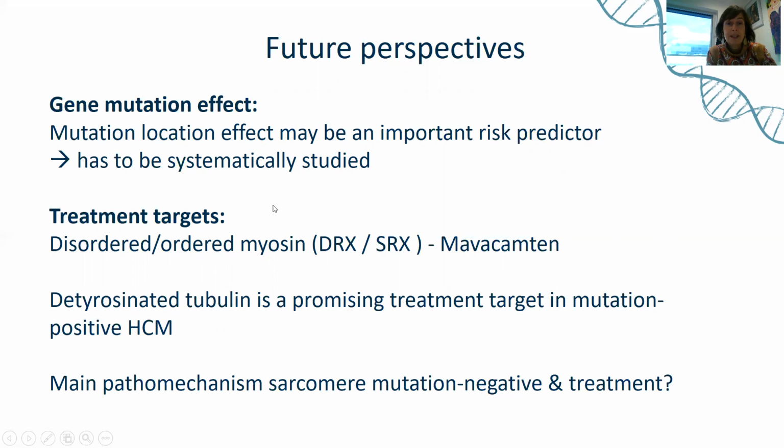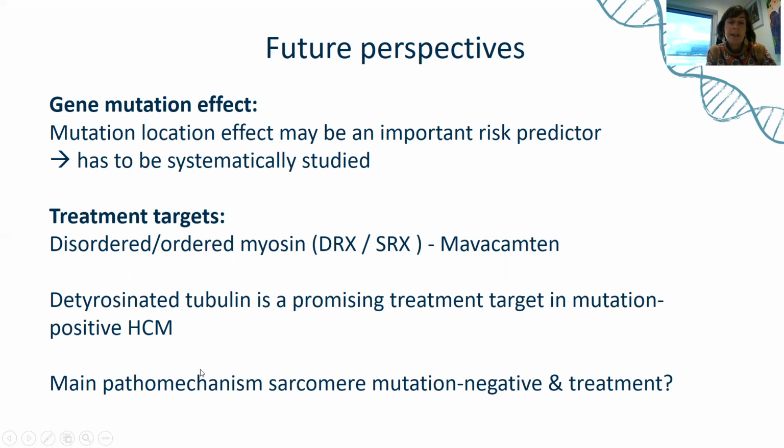Colleagues from MyoKardia and the team of Jacopo Olivotto showed that mavacamten is a potential drug targeting the disordered-ordered myosin state in the heart. And then studies of our own team show that detyrosination of tubulin is highly increased, in particular in mutation-positive hypertrophic cardiomyopathy, and may be a promising new treatment target.